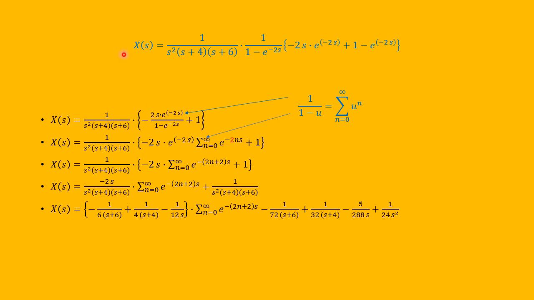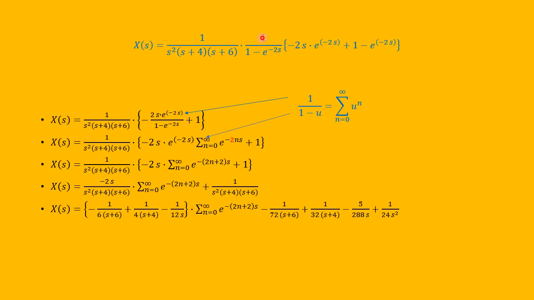So far, we have that x of s is 1 over s squared, s plus 4, s plus 6, times 1 over 1 minus e to the minus 2s, times this stuff here. And then we can simplify it a little bit. Let's look at this 1 minus e to the minus 2s times this term plus this term, actually these two terms right here.